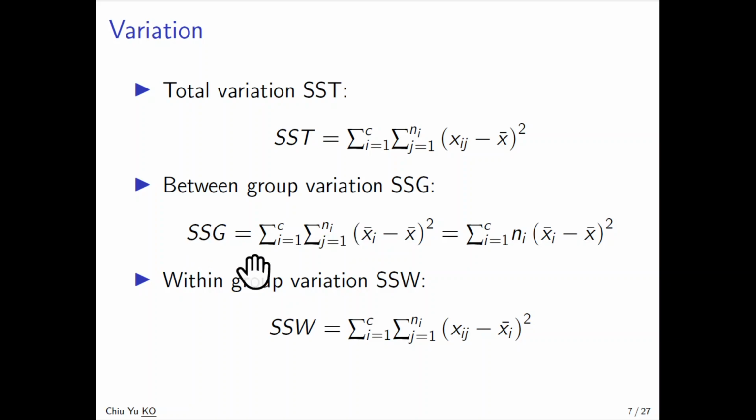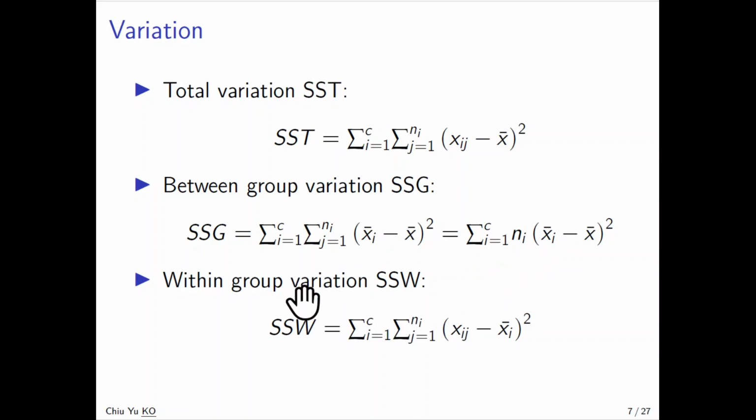Now we consider between group variation. We do the same, but now we replace each observation by its group mean. x bar i is the mean of group i. Since each observation in a group is replaced by the same value, we can replace the summation by ni.